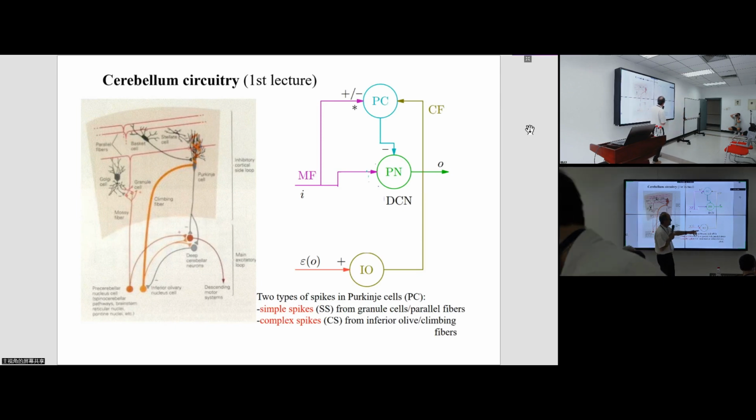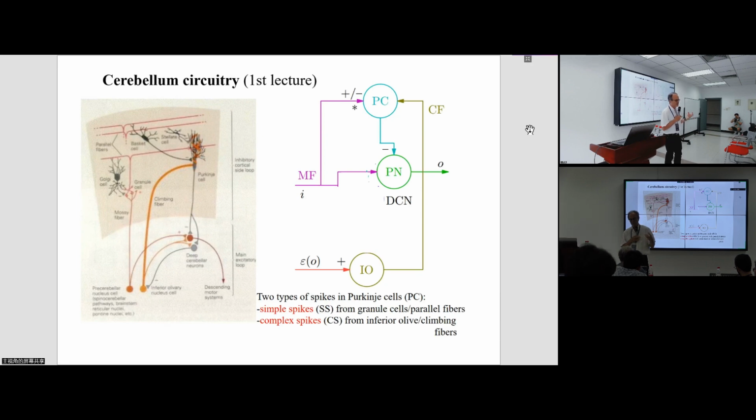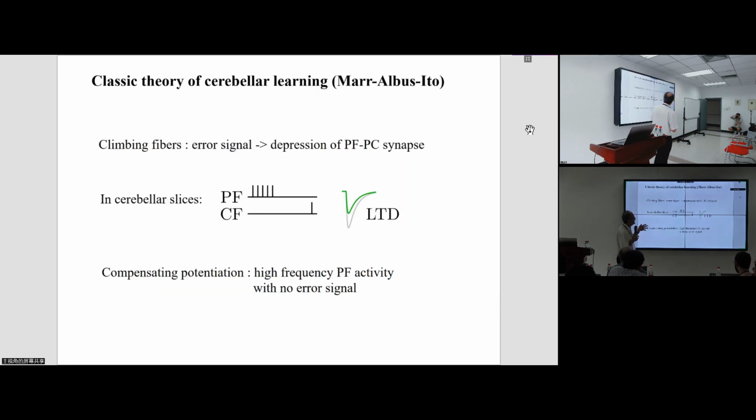The spikes induced by the excitatory input from the olive have a different shape. They are called complex spikes, so you can distinguish the two.